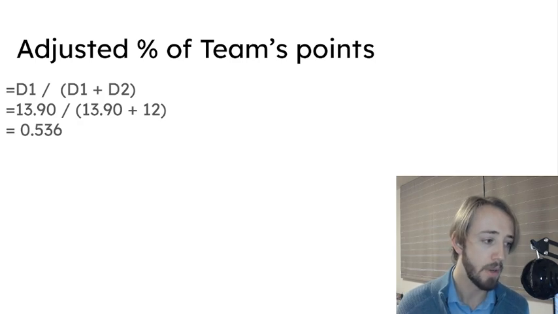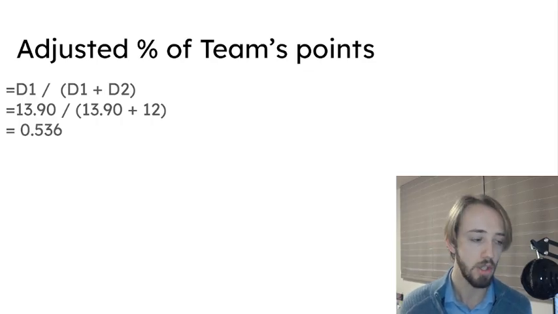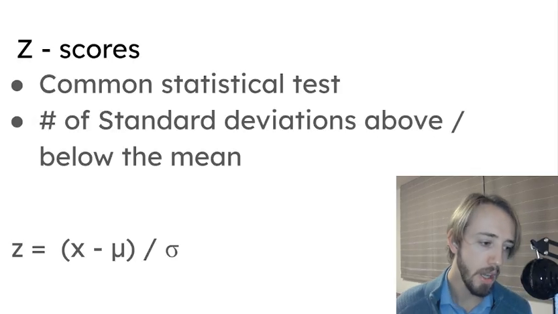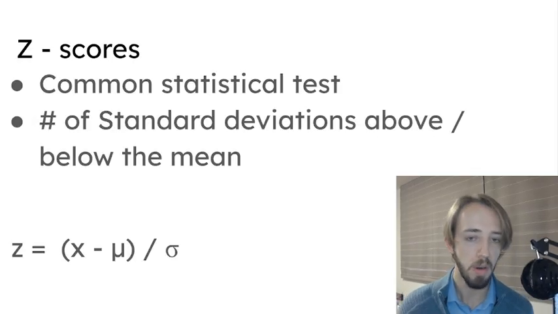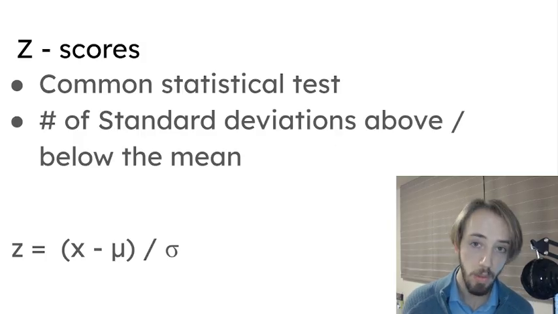You do driver 1's point score divided by the sum of driver 1 and driver 2's adjusted points. So 13.9 divided by 13.9 plus 12, and that will give you 0.536, or 53.6%.